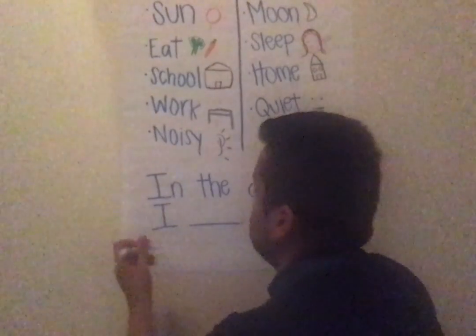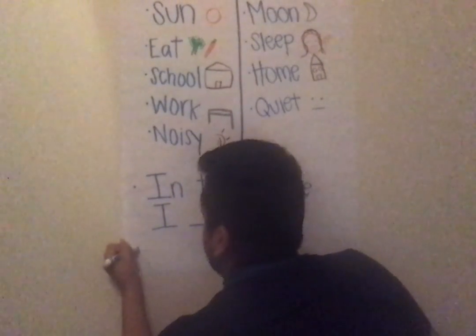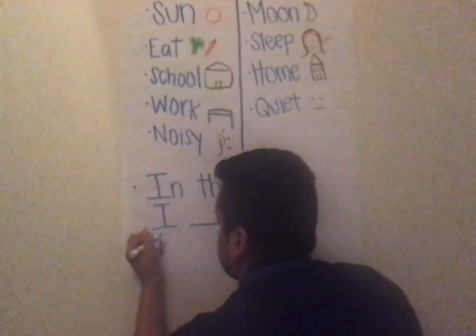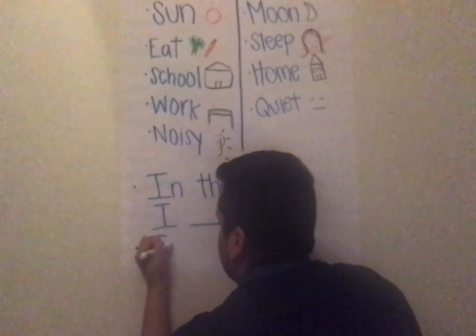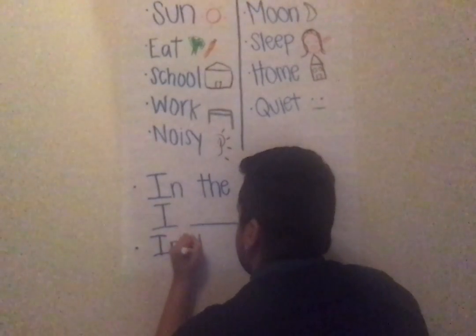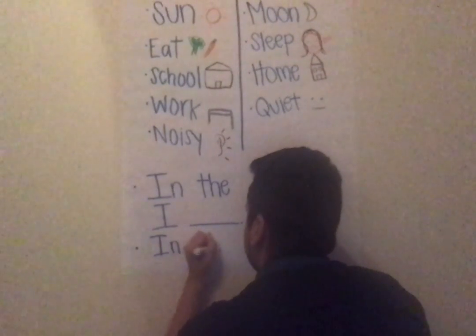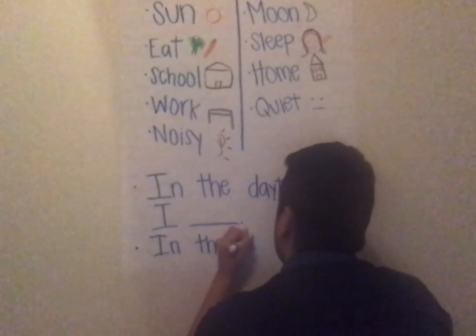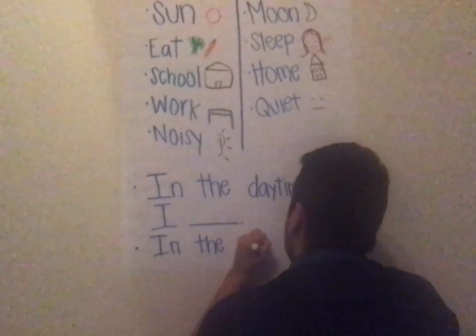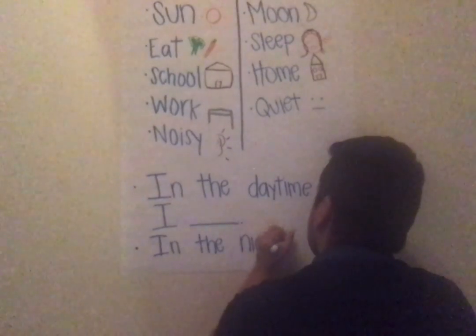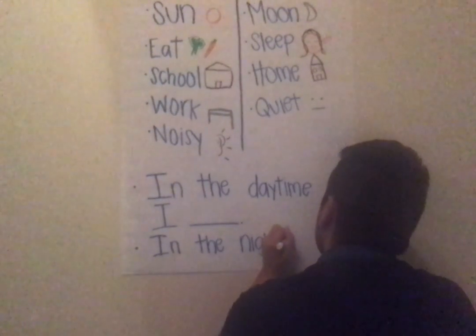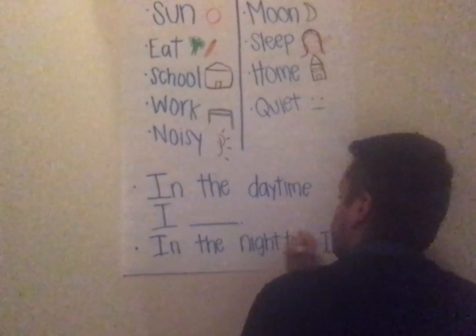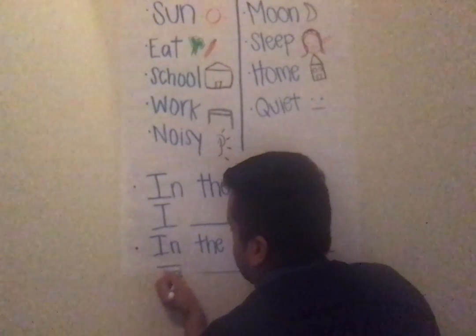And you will also be doing, in the nighttime, I blank. So I'm going to write that down also. In the nighttime, I'm going to put another blank right here.